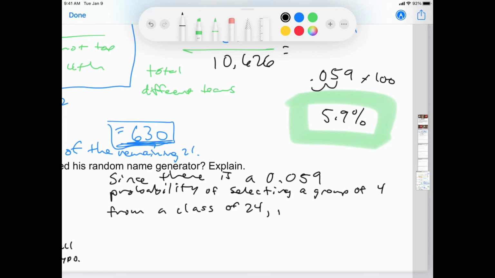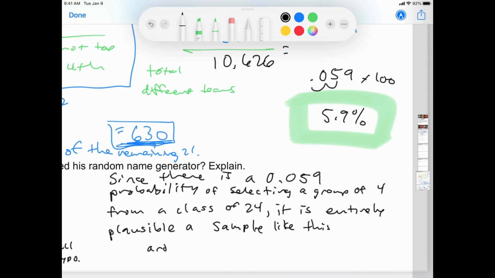It is entirely plausible, possible, that a sample like this arose due to chance.